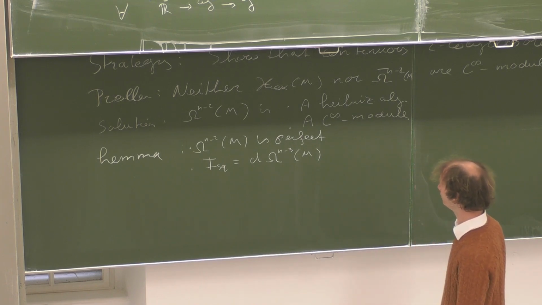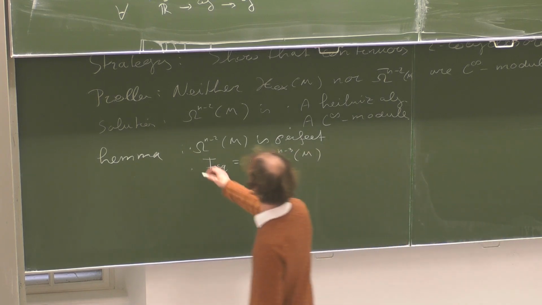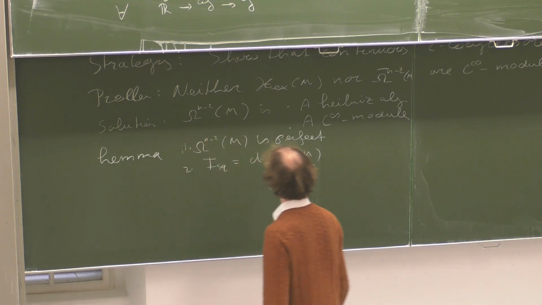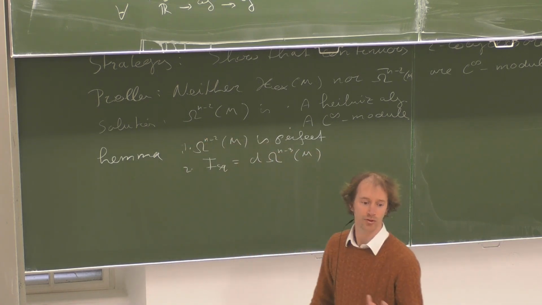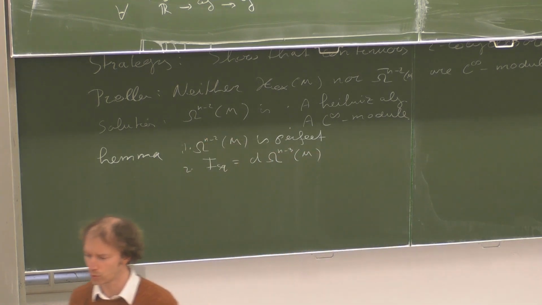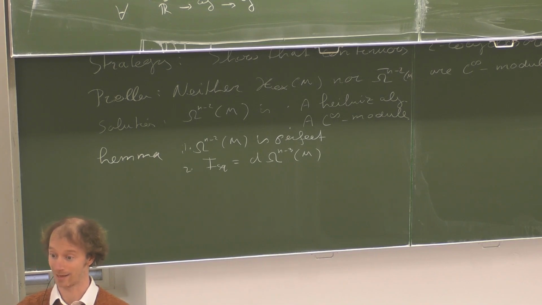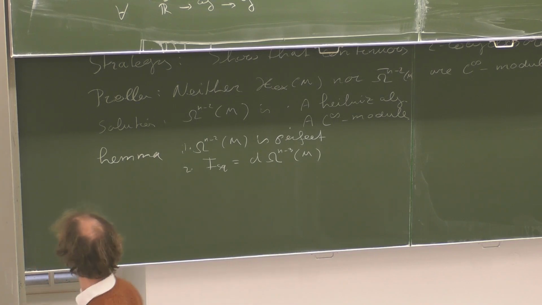So what do you do then? Let's say this is one. If you have a 2 co-cycle, you're trying to establish what all the 2 co-cycles are. First, you pull it back to this Leibniz algebra.